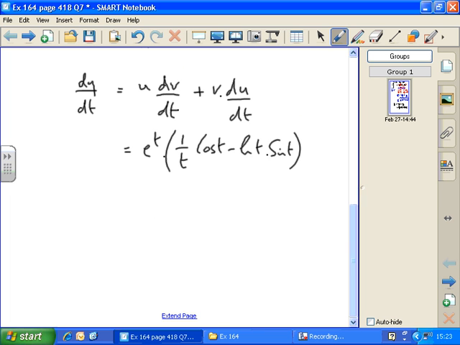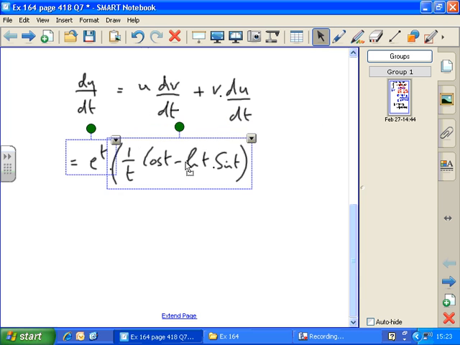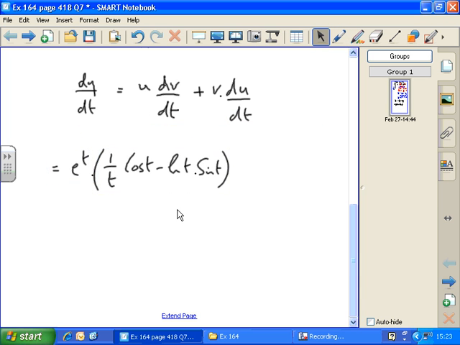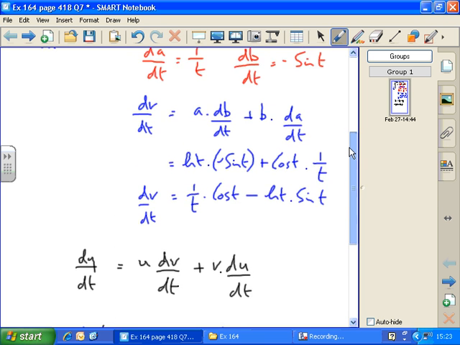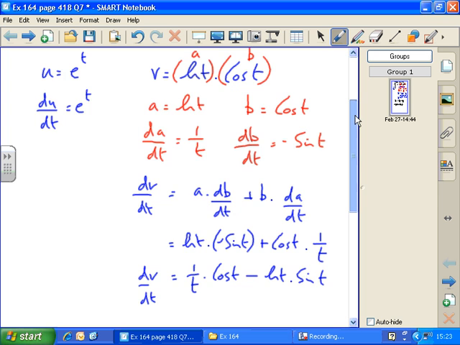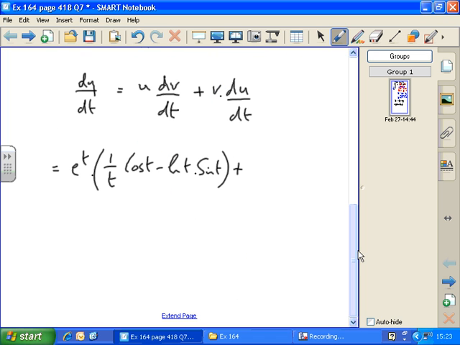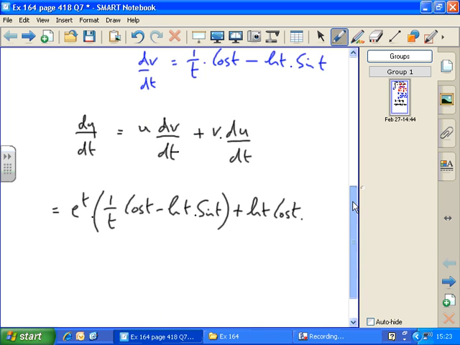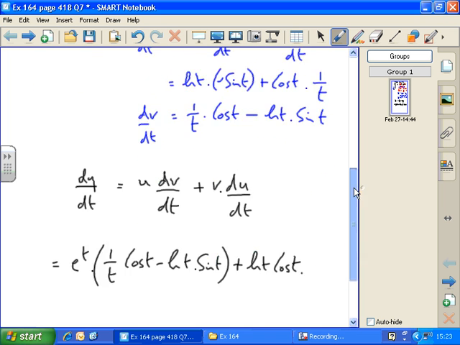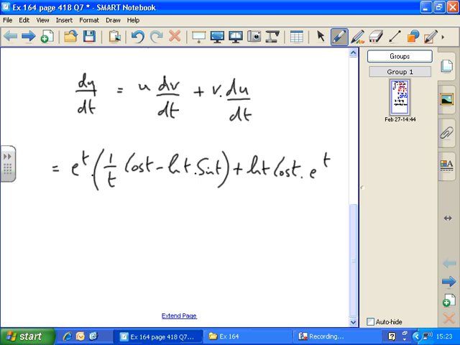And then that's all got to be plus v, which is log t cos t, times du by dt. du by dt is just e to the t.